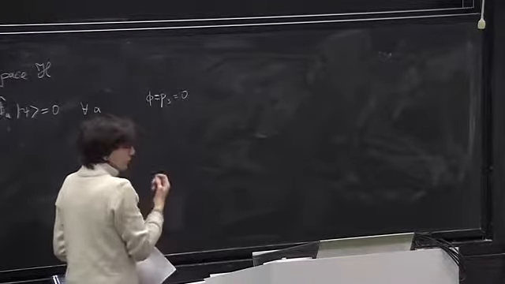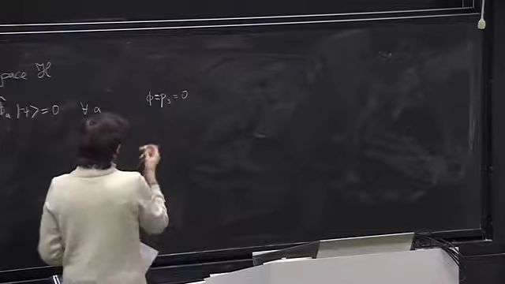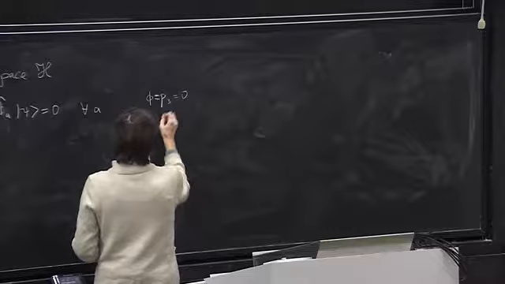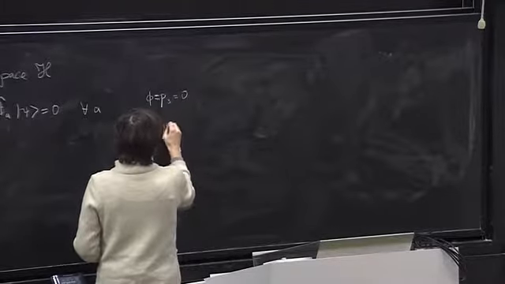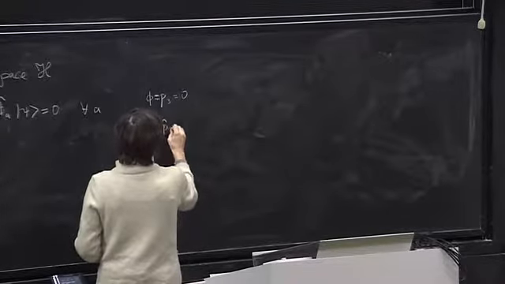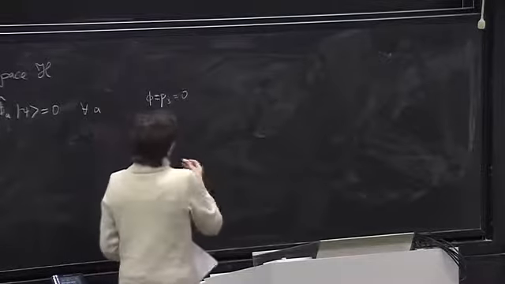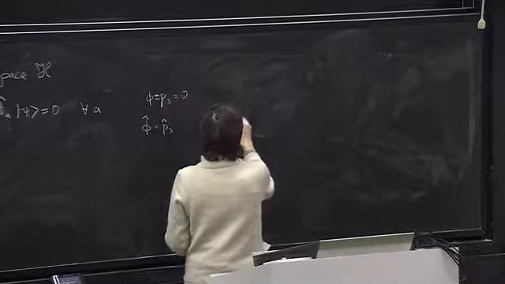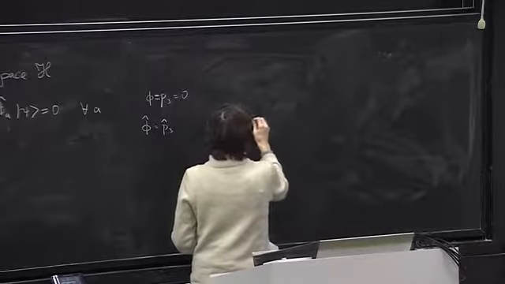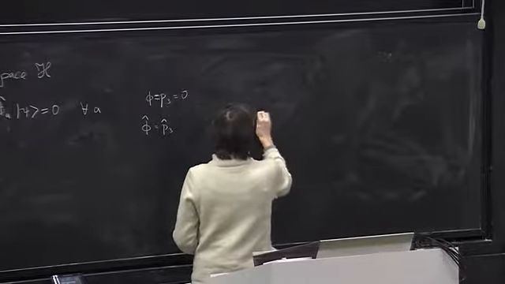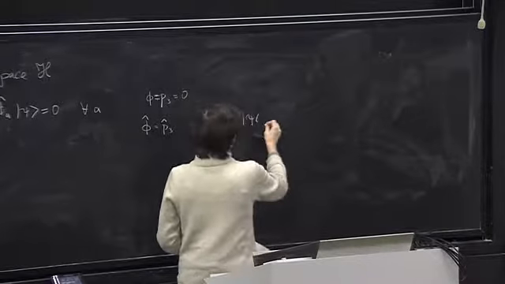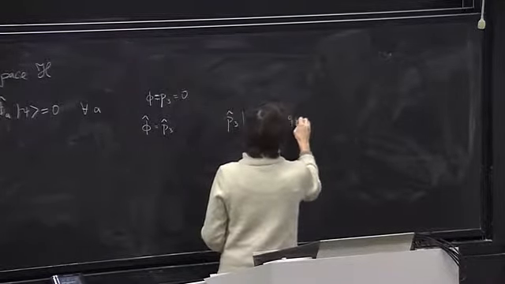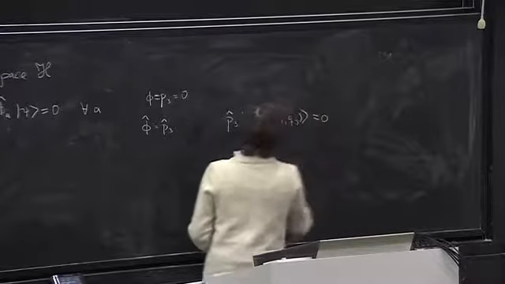Now, how would this be translated to the quantum theory? It would say phi hat, in this case, is equal to pi 3 hat, simple Schrödinger quantization, and my condition on wave functions would then be P3 hat on psi that depends on, say, variables Q1, Q2, Q3, is equal to 0.